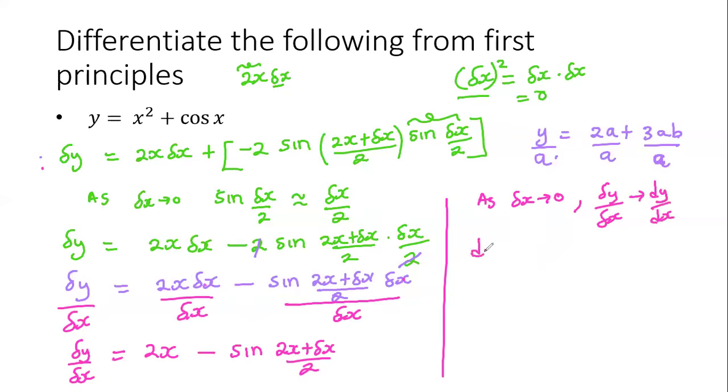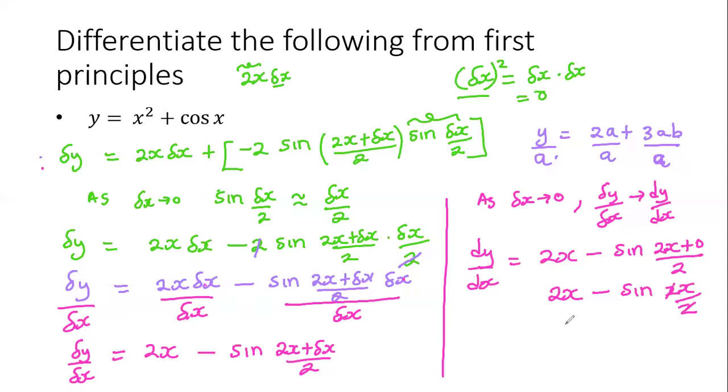So that means you have dy dx equals 2x minus sine of 2x plus 0 out of 2. So 2x plus 0 is that. You remain with 2x minus sine of 2x out of 2, so 2 by 2 is 1. So you remain with 2x minus sine of x. And this is our dy dx. So that's how you do it from first principles.